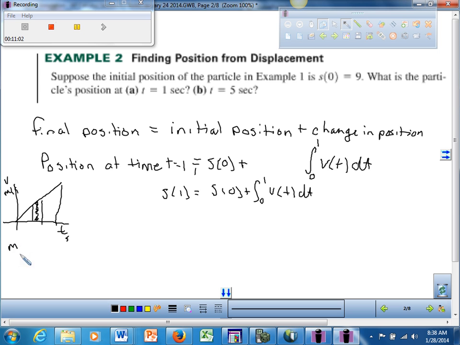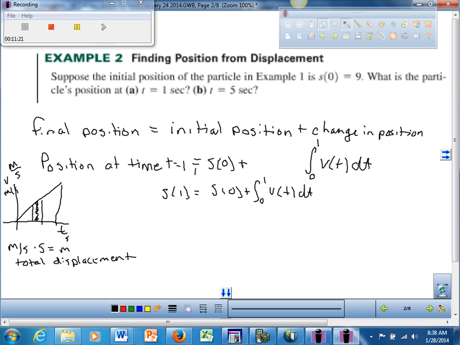It would be meters per second times seconds, or meters. Meters per second, there.